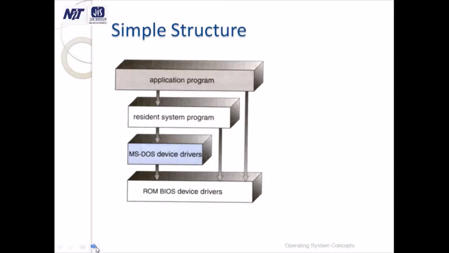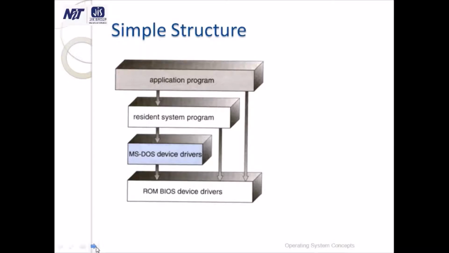So there are different structures that have been followed from the beginning till now. First of all, we discuss the simple structure. Look at the picture. The simple structure is followed by most of the operating systems that were designed in the very beginning, and these did not have a well-defined structure.